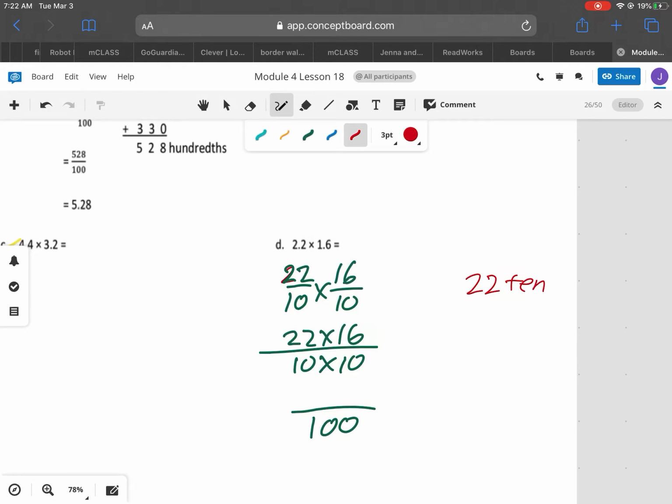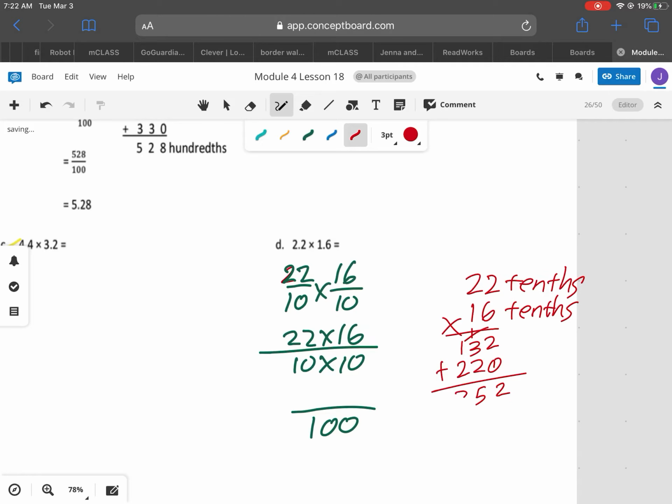We have 22 tenths times 16 tenths. All right, 6 times 2 is 12. We carry 1. 6 times 2 again is 12, plus the 1 is 13. All right, we put our 0, and then it's 22 times 10. It would be 220.